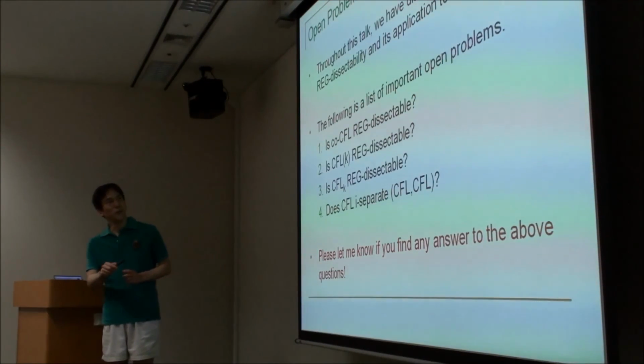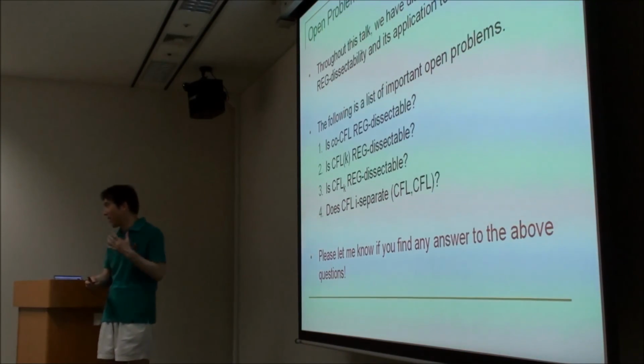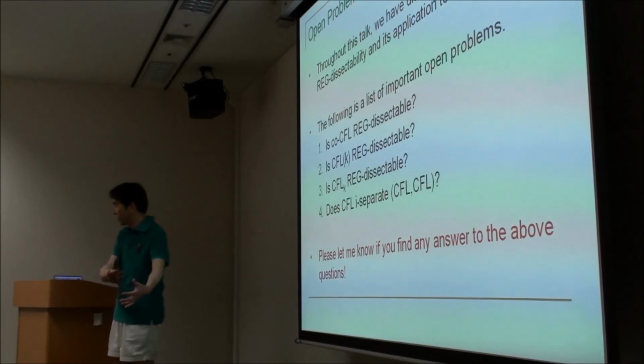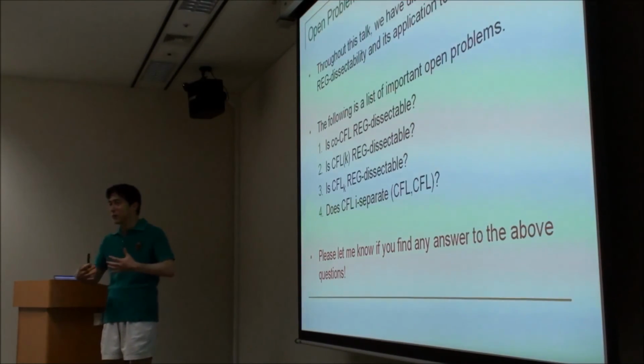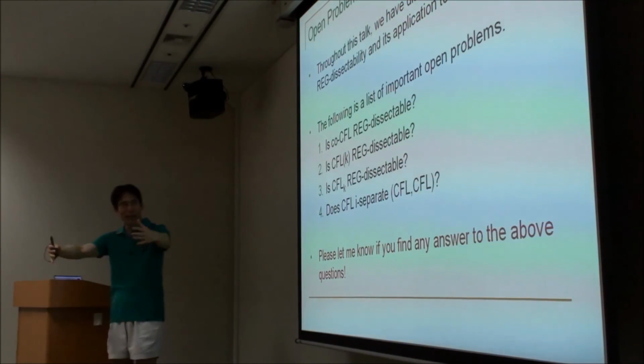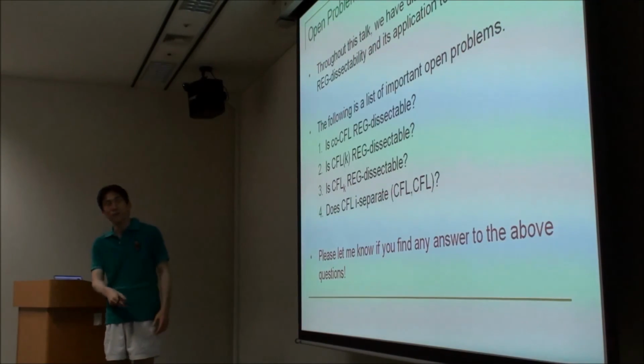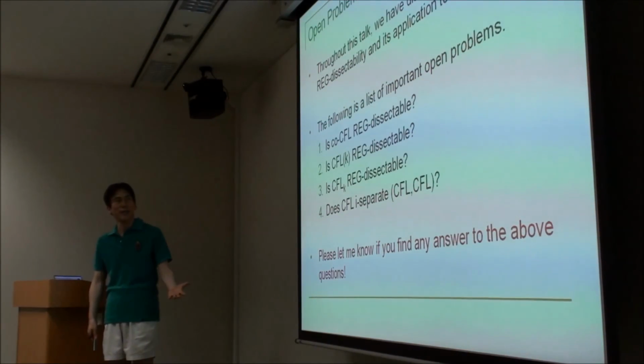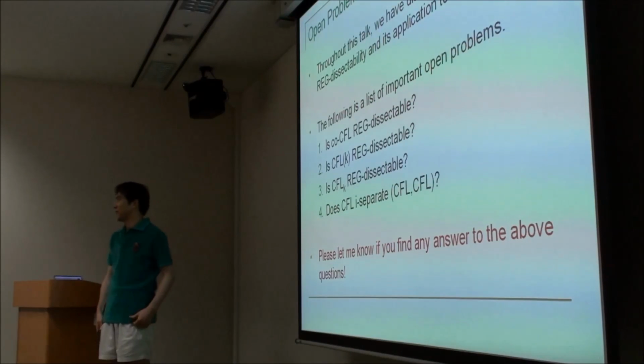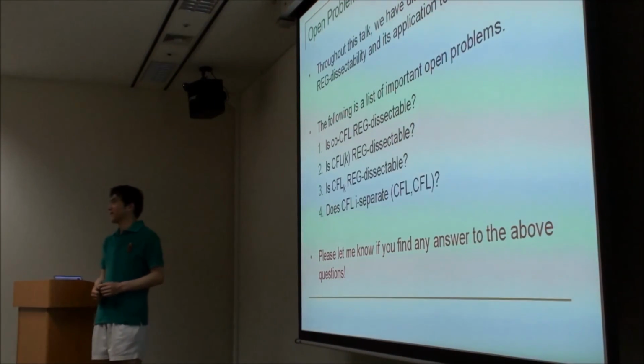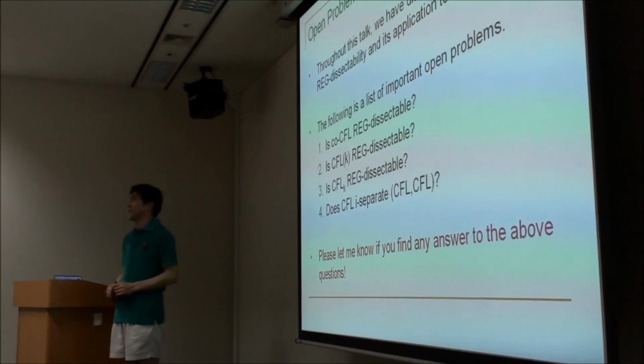At least the bounded versions of CFL_K or CFL sub K are actually known to be dissectable. But I don't know how to expand this boundary to CFL_K or CFL sub K, much beyond. Okay, any other questions? Okay, thank you.